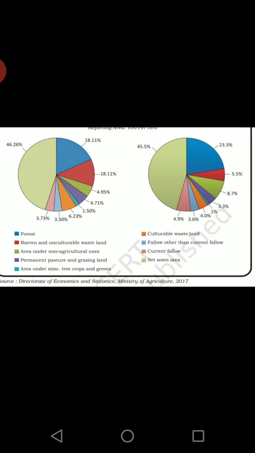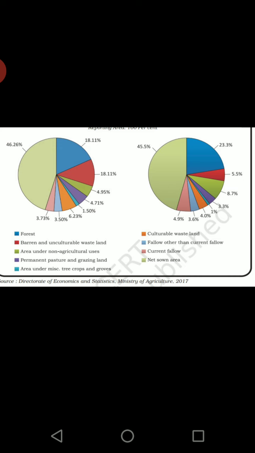We have the next category, that is fallow, but this is the other than current fallow land, purple color. Earlier it was 3.50, now it has changed to 3.6. As it is a fallow land, it can be left uncultivated for this year or another year.